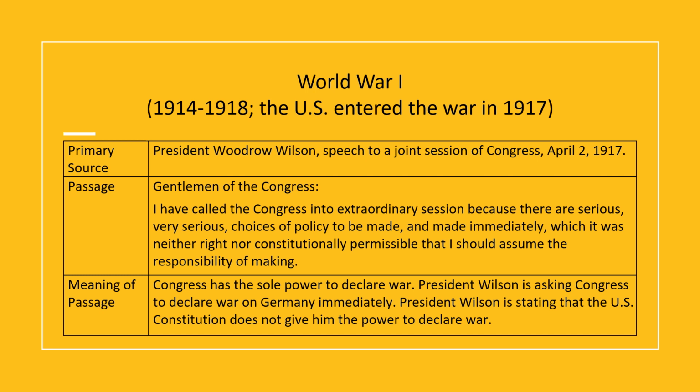That power is reserved solely to the United States Congress and is not subject to a veto. And you see the language that President Wilson provides. It is not constitutionally permissible. Therefore, I am asking you, Congress, to take this very serious step.